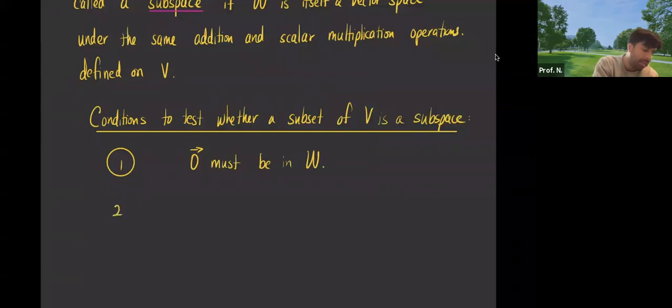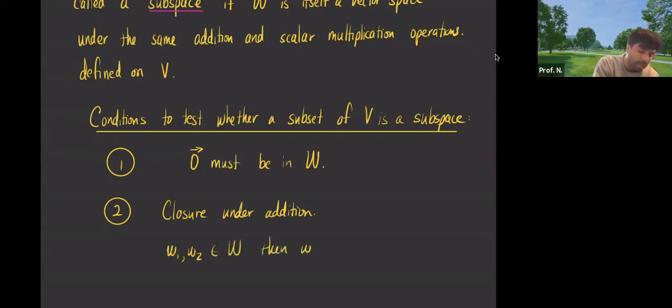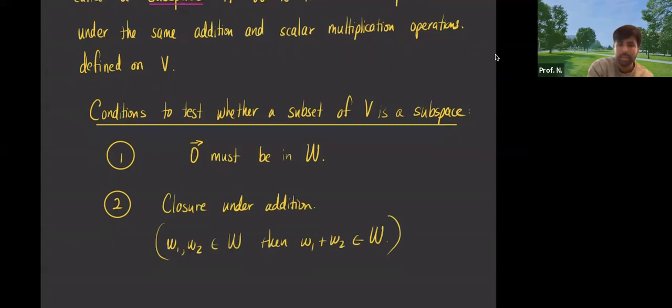The second thing to check is closure under addition. Meaning that if W1, W2 are both in W, then W1 plus W2 must also be in W. That's what it means to be closed under addition. So your subspace must be closed under addition.